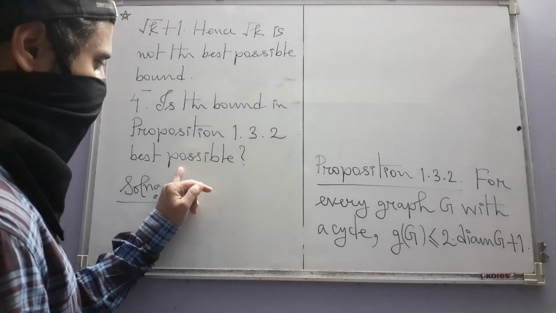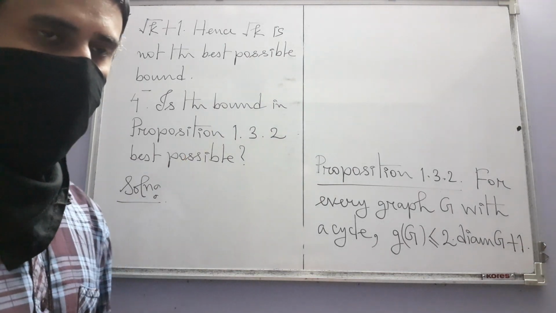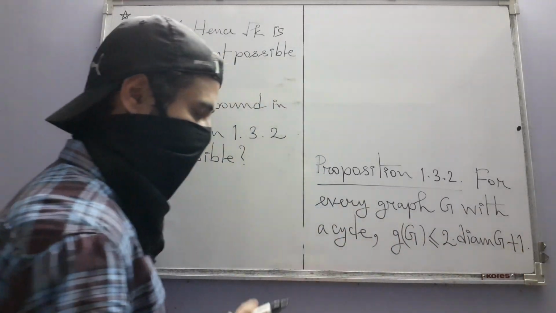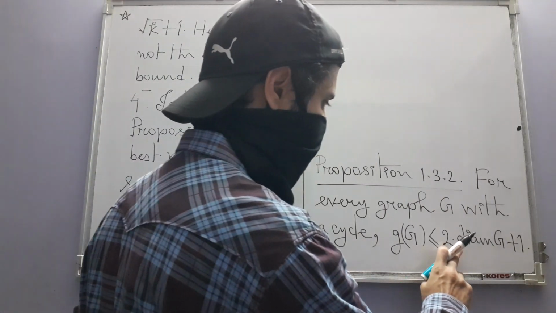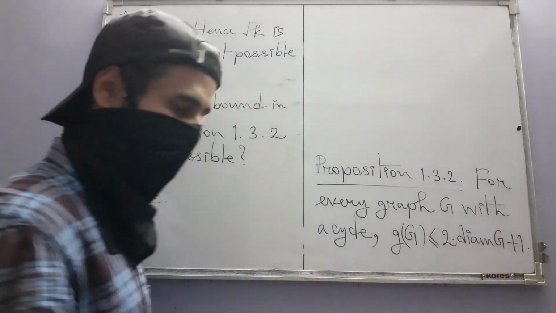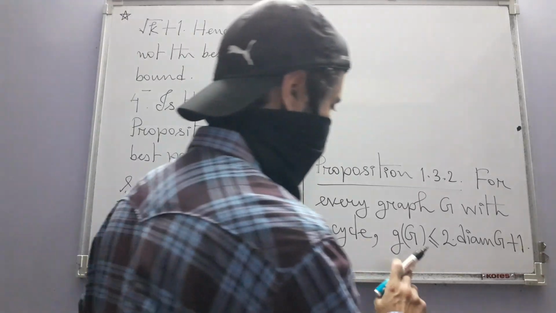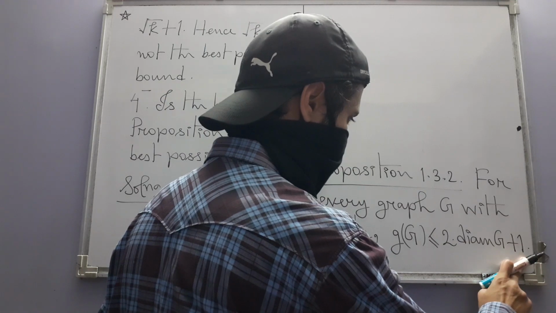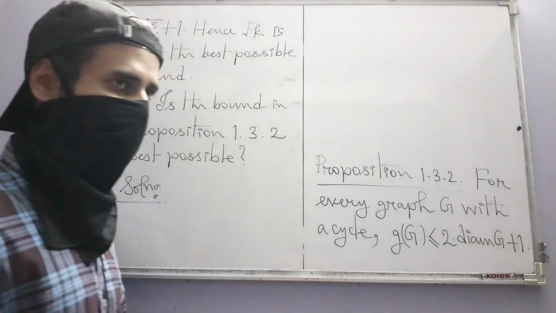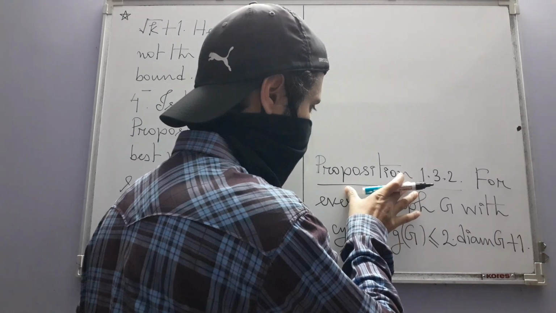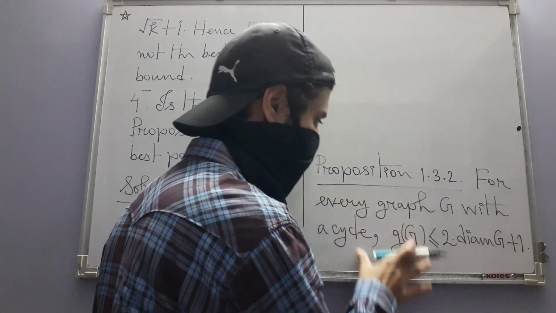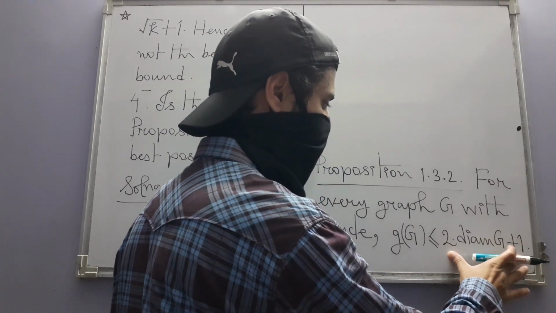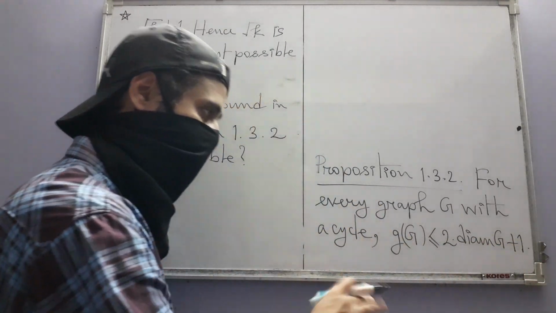Now what is this best possible? Well, you can see that this is an upper bound for the girth of G. It's not a fixed number, of course, it changes as G changes because the diameter changes. If it is not best possible, what does that mean? It means that you can modify this entire statement by replacing this bound with a smaller upper bound.